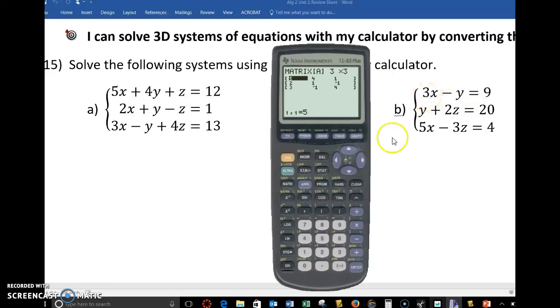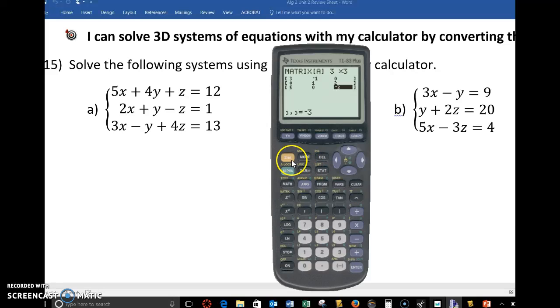In the first row, X is 3, Y is negative 1, and Z is 0. In the second row, X is 0, Y is 1, and Z is 2. In the third row, X is 5, Y is 0, and Z is negative 3. So 3, negative 1, 0, 0, 1, 2, 5, 0, negative 3.